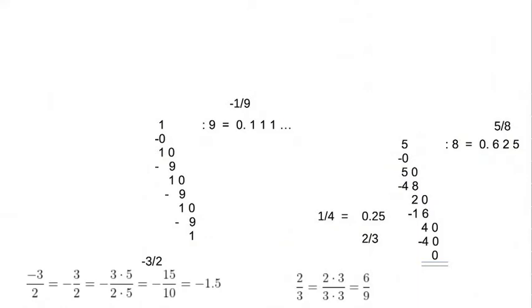So we can say the fraction is 6 times 1/9, and 1/9 was 0.11111. So our result must be 0.66666. Mathematicians don't really like these dots, so they usually write it with a bar over the 6. So it's 0.6 and this periodic sign over the 6.